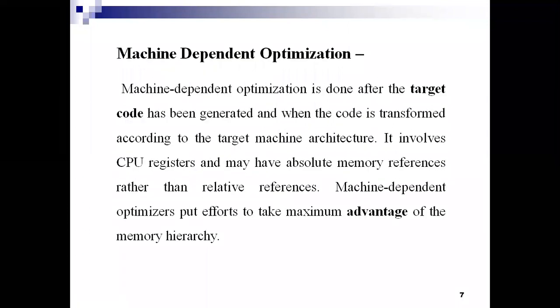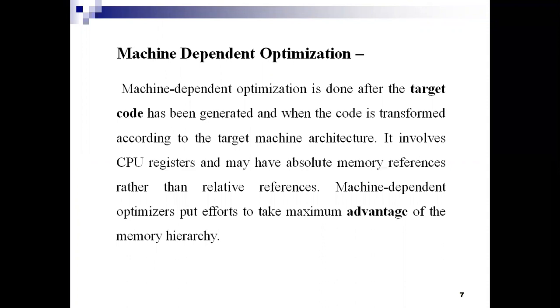Now the next one is machine dependent optimization. Machine dependent optimization is based on the characteristics of the target machine, the instruction sets used and the addressing modes used for the instructions, to produce efficient target code. And machine independent optimization is based on the characteristics of the programming language.